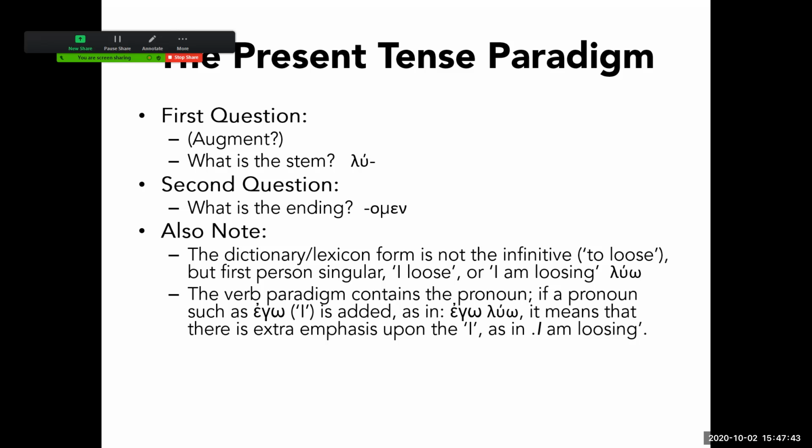We don't need it. All we need is luo. I loose, I am loosing. But ego luo, I am loosing, meaning I myself am loosing. It's emphasizing the person doing it. So that's one way of emphasizing.